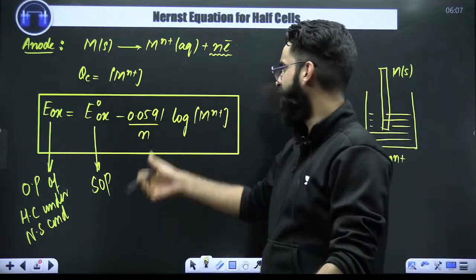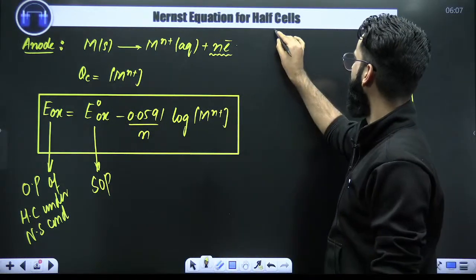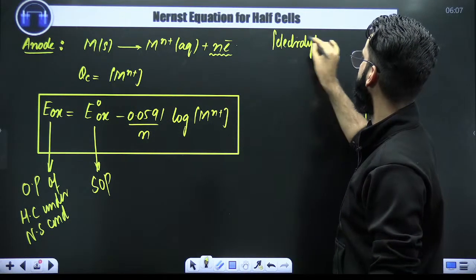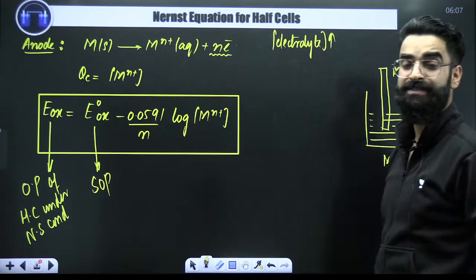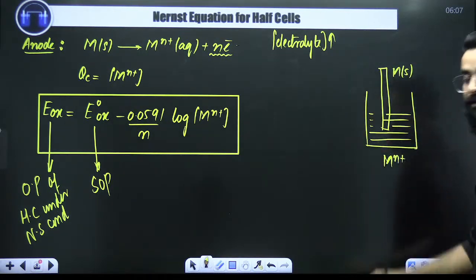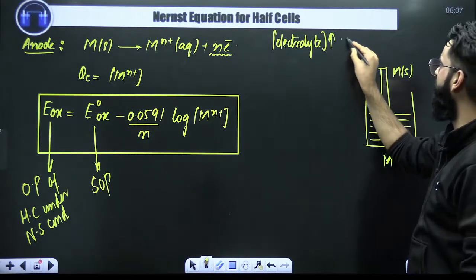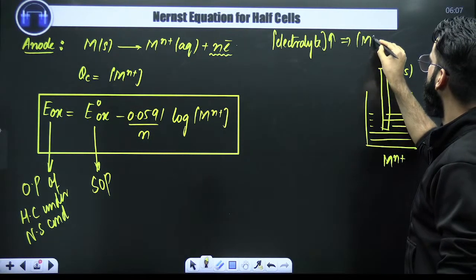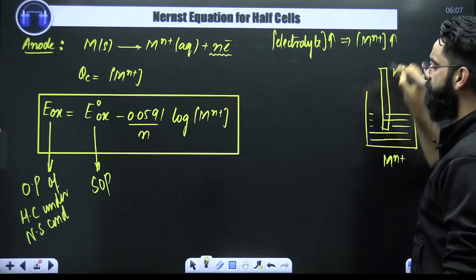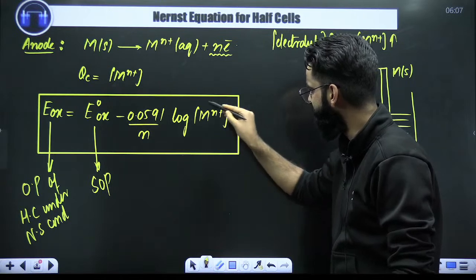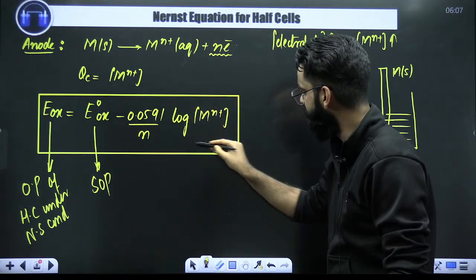Now try to understand one thing here. My dear students, if I increase the concentration of electrolyte in the container, what will happen due to that? I would say the concentration of Mn positive will increase. If the concentration of Mn positive is increasing, that means this term is increasing.